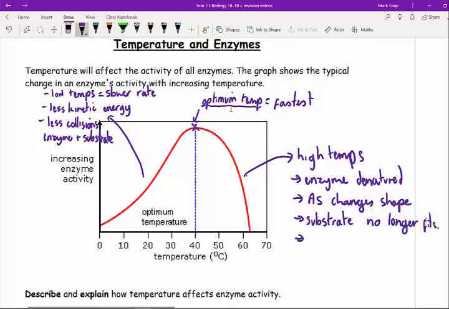Okay, so the reaction is either slower or it stops. Okay, now that is enzymes and temperature.